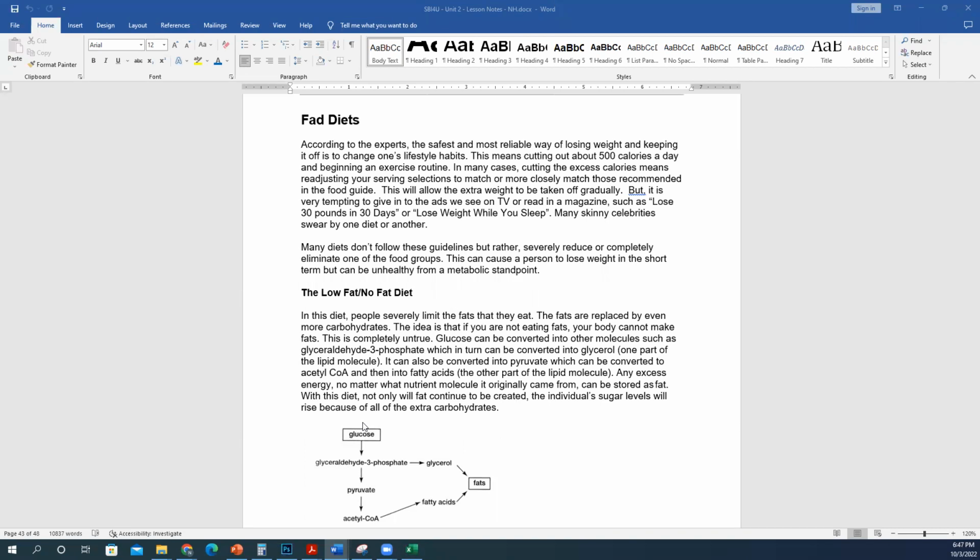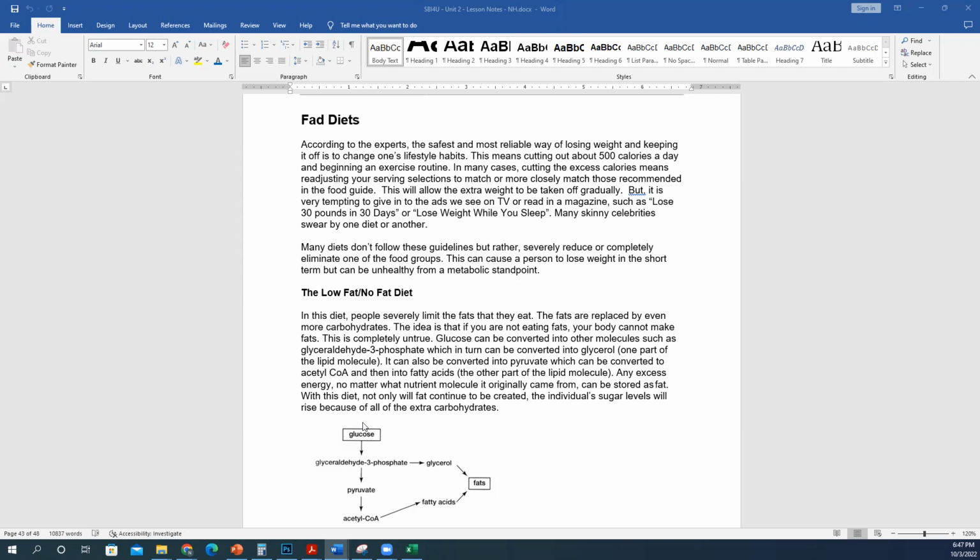If you really talk to nutrition experts, it's always recommended that the safest and the most reliable way of losing weight and keeping it off is to change our overall lifestyle and to change our habits in a lifelong way. And to do this, we need to cut out about 500 calories a day and begin some sort of an exercise routine.